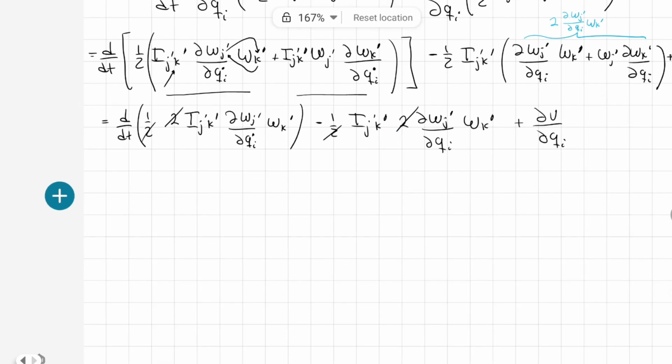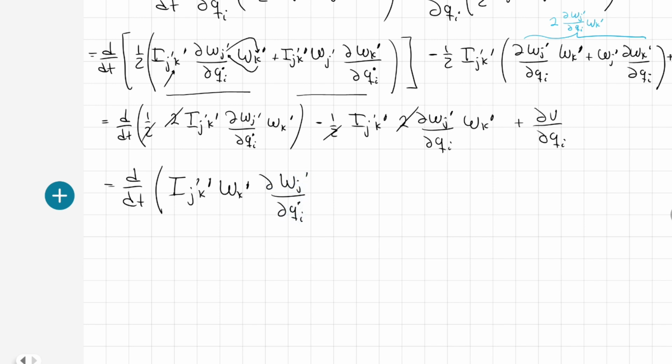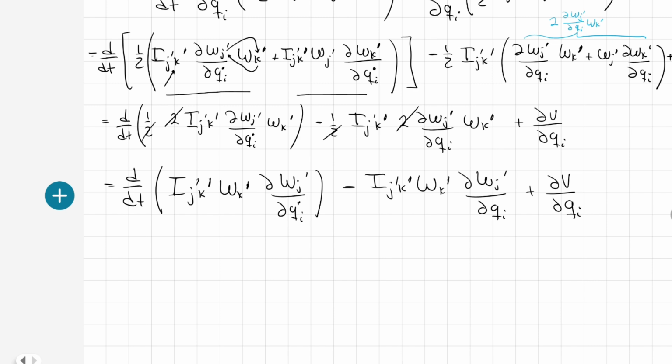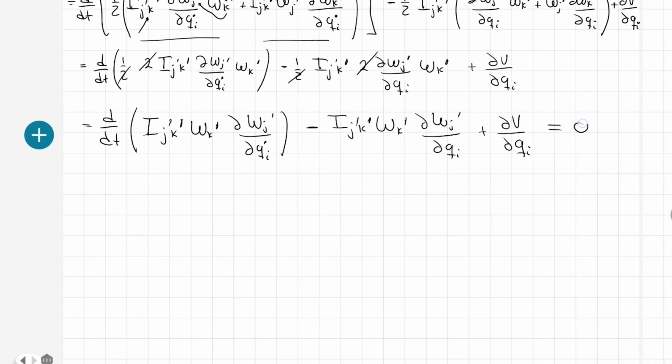And finally, we are going to get the derivative with respect to time of the inertia tensor jk omega k, the partial of omega j with respect to qi dot, minus the inertia tensor jk omega k, the derivative of omega j with respect to qi, plus the derivative of v with respect to qi. Okay, and remember that this is equal to 0.